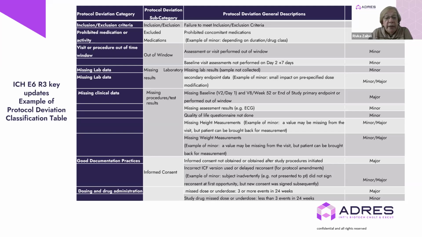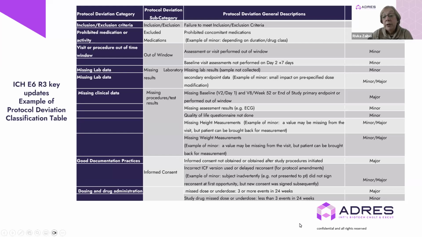And the last one in this table is dosing and drug administration, misdose or over or underdose. Similarly, a case in which overdose was given, which again, according to the characteristics of the trial and of the drug, you need to define whether those are minor or major protocol deviations.